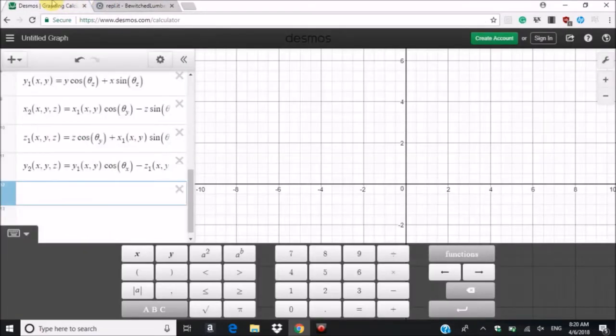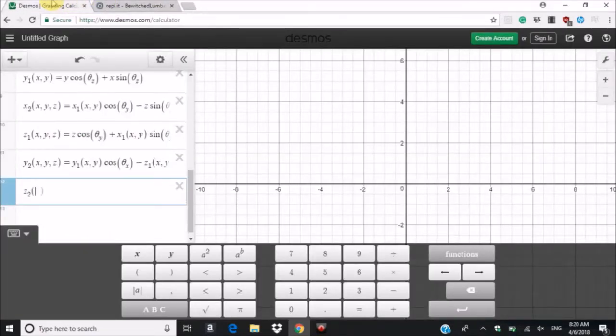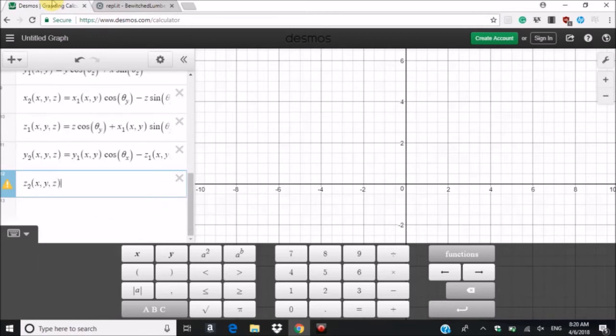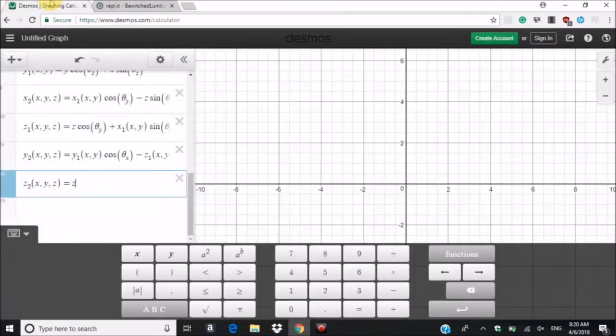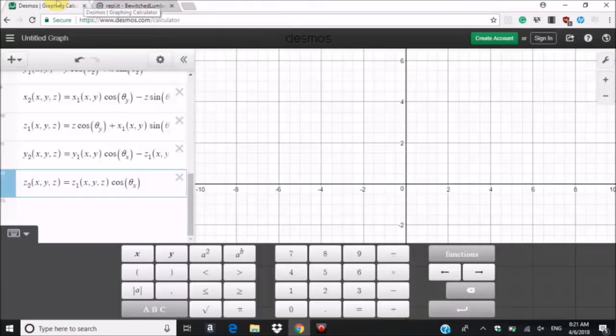So it's going to be z to x, y, and z is equal to v1 x, y, z times cosine of x rotation plus y times sine.